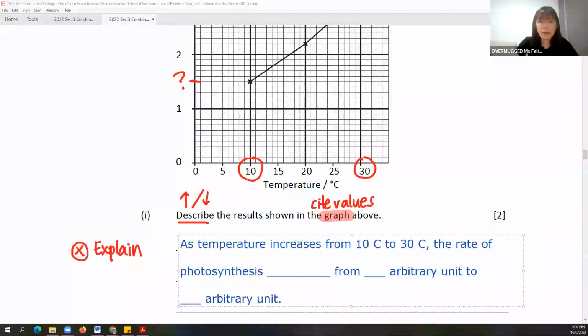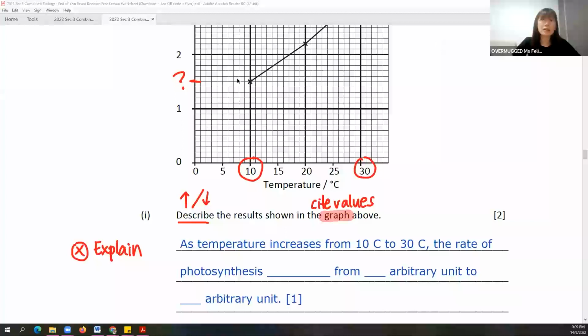This is only 1 mark, we need to have the second mark. So can you all take a look at your graph now? The y-axis value for the first point, and the y-axis value for the second point. Do you all notice a pattern? And then the third value on the y-axis. Is there any pattern?